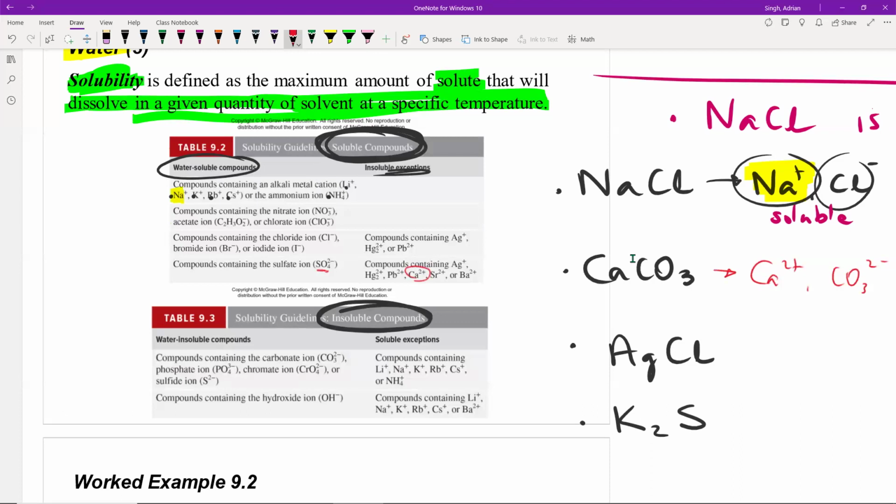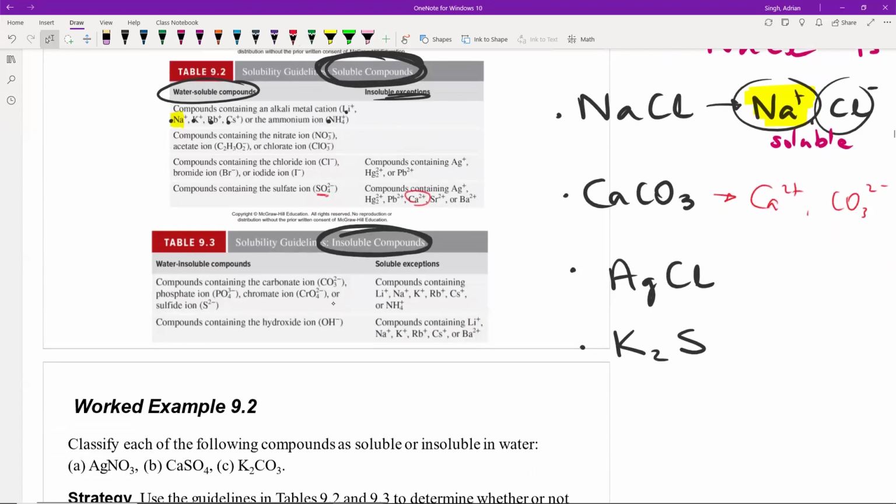So let's go to the second table then for our insoluble. So now it says compounds containing the carbonate ion are generally water insoluble, meaning it will not dissolve. Okay, so generally things with carbonate in it are going to be insoluble, except if those carbonates are combined with these, which are the same ones that we saw up here.